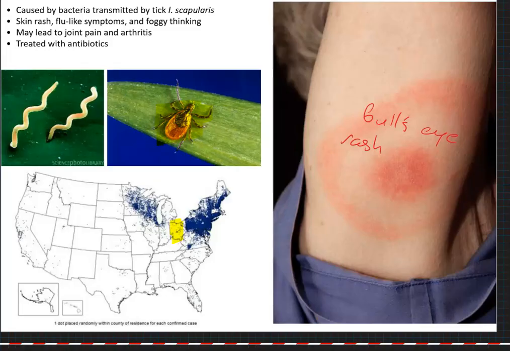Okay? Now about the ticks, a few words before we wrap up. First of all, only about 1% of ticks, not less, carry any type of disease. In the state of Ohio, in addition to Lyme disease now, there's an infection called anaplasmosis, the one you should be aware of.